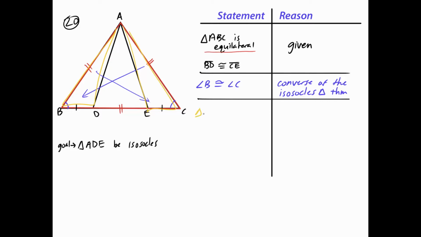So triangle ABD, top, outside, inside, needs to be congruent to ACE. Again, same order, top, outside, inside. And that is from side, angle, side, which is the exact same reason we used in the last proof.